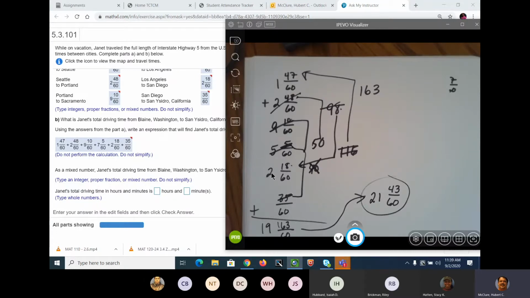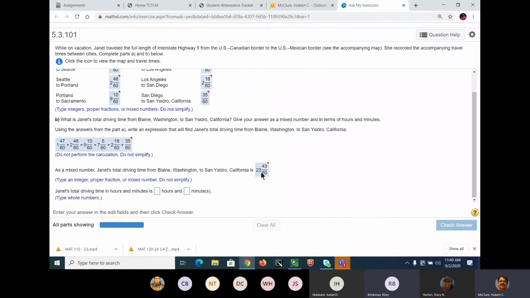Should be 22. Somebody add up 2 plus 5 plus 9 plus 2 plus 1. What do you get? 19. Are you sure? Yeah, just making sure. I'll do it one more time though. Well, they got 23. I don't know how they got that. I don't know how they got 23.